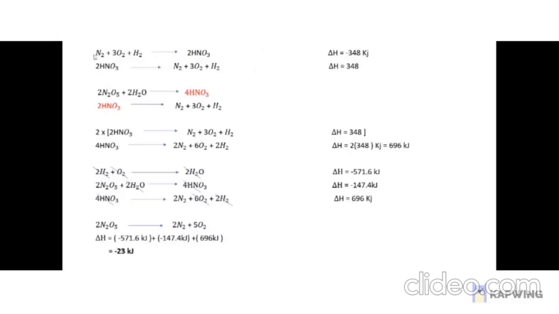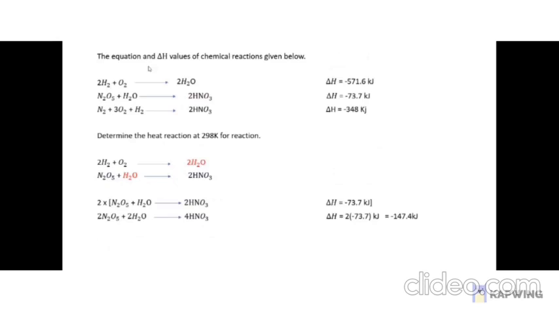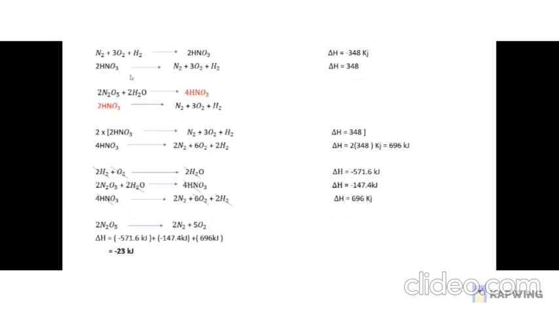First of all, we have to inverse the reaction because the nitric acid should be the reactant, since in the second chemical reaction the nitric acid is the product. So to cancel the nitric acid, we inverse the reaction to make nitric acid the reactant in the third chemical reaction, and the delta H should be positive because we have inversed the reaction.